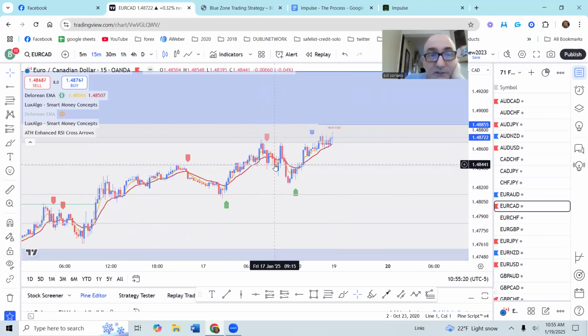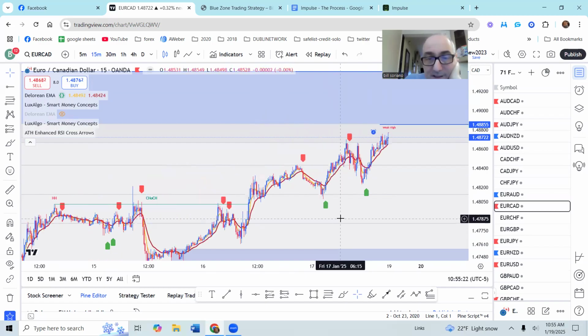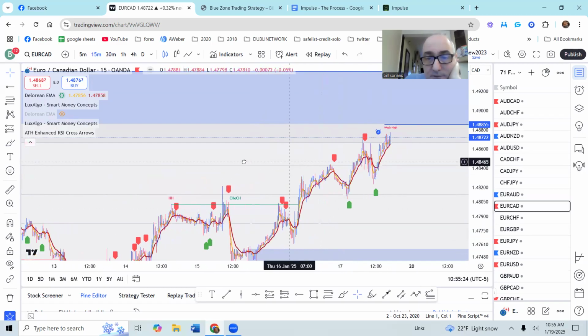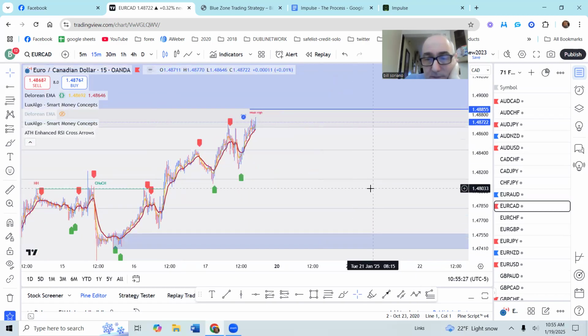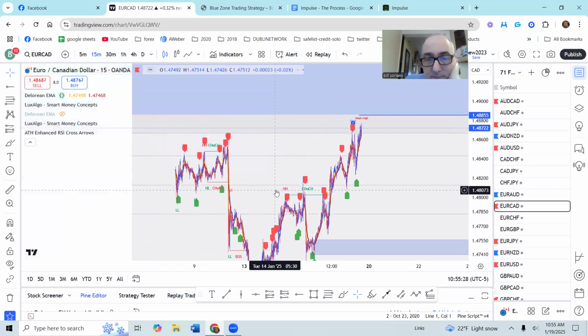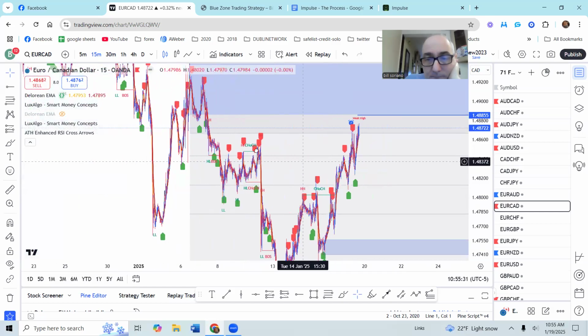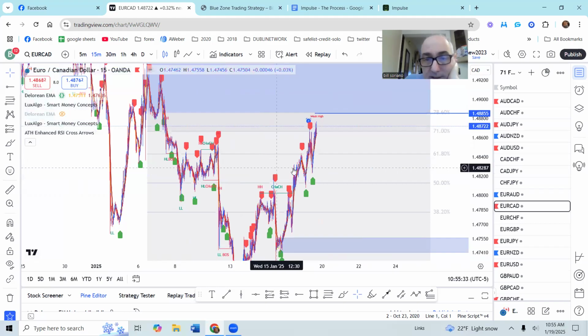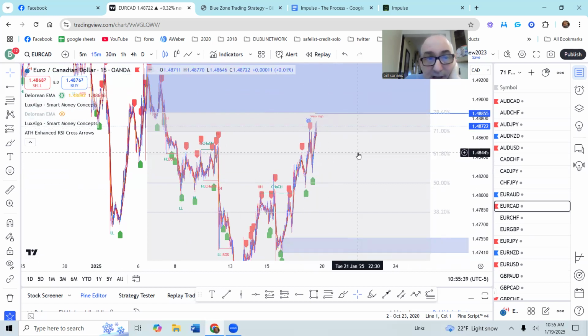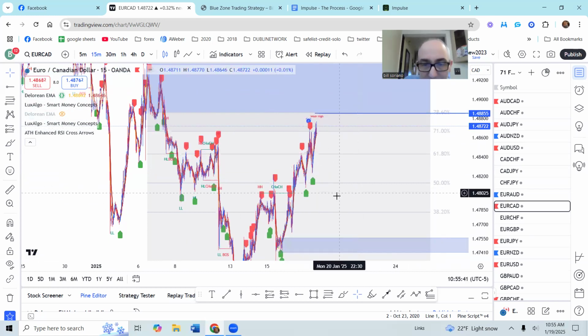Of course, now this is too far up in order to do that. Show you what I mean here. At this point, price is already above our 61.8, so we wouldn't look to do that.